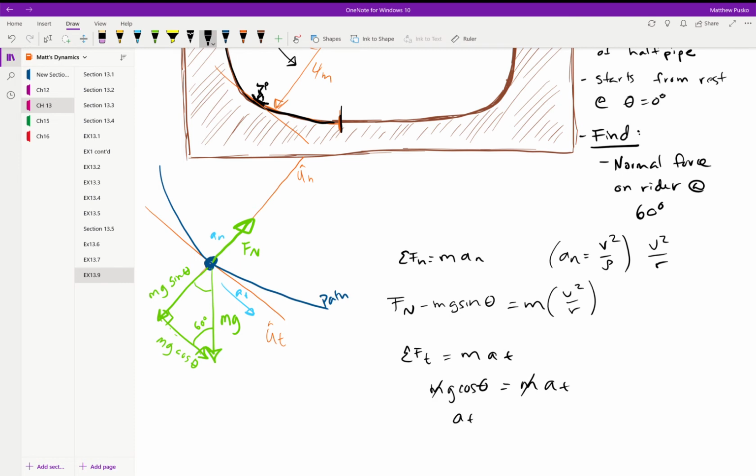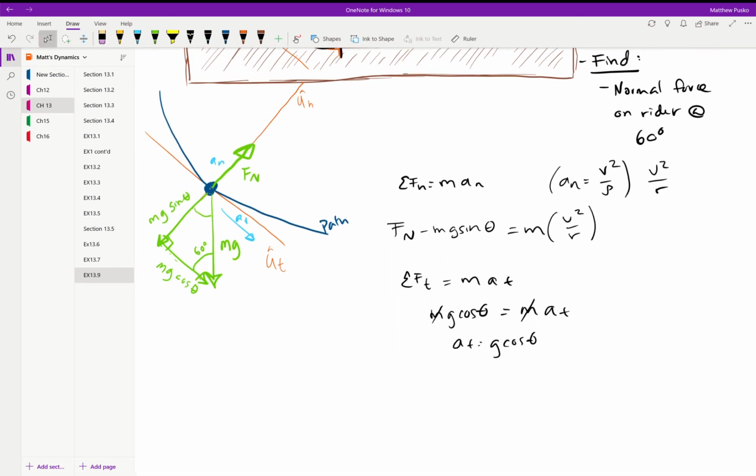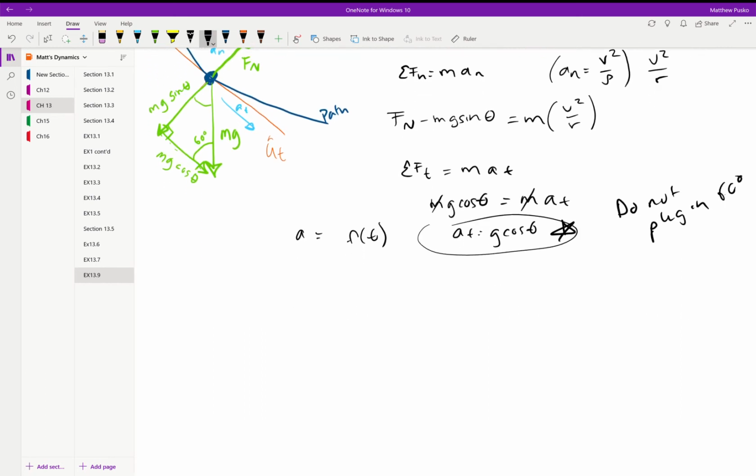So we can see that in the tangent direction the acceleration is g cosine theta right away. Alright, do not plug in 60 degrees yet. Okay, we have a function of theta. Acceleration is a function of theta right there. So, what should we do?